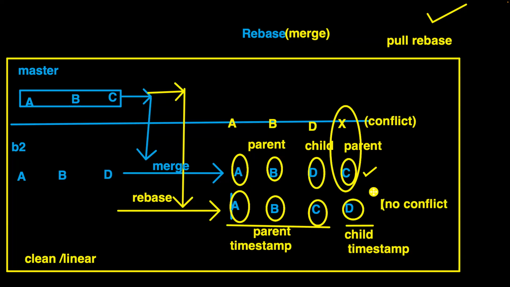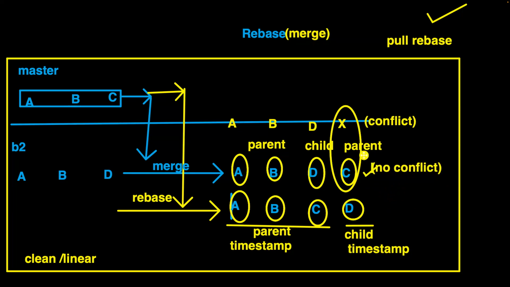No conflict means you will see the same commit ID. Observe it. Today you will do hands-on with branching and merging, right? Observe this one. When you make a merge, if there is no conflict, the commit ID will be the same as from the source branch. If there is a conflict, a new commit ID will be added, and the commit ID will be different. Sorry, this should come here. This is the merge with no conflict.